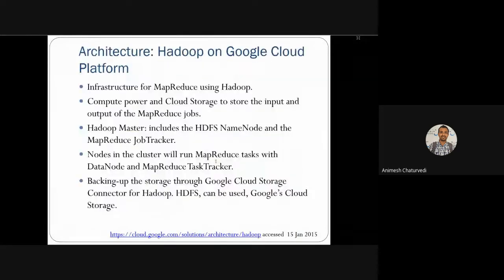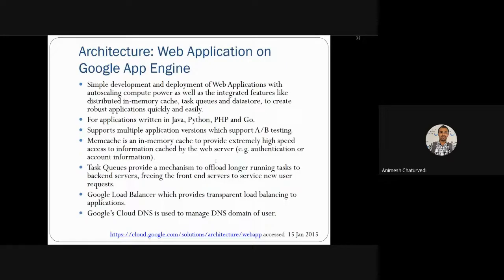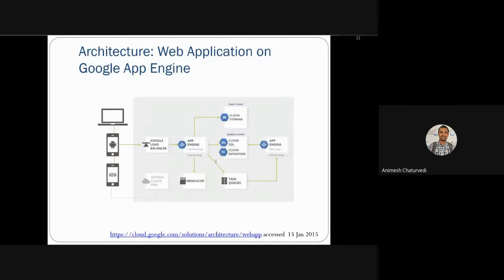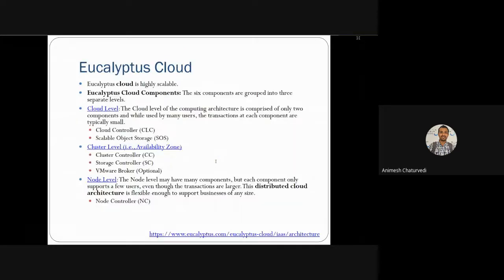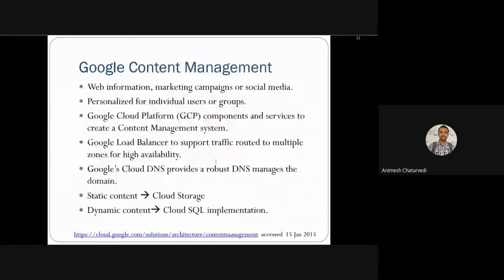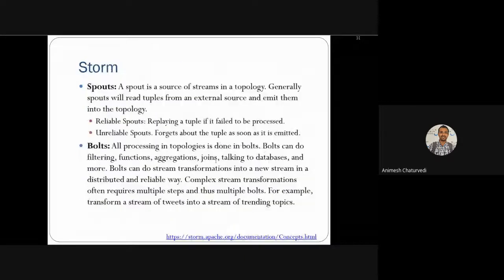We'll discuss the architecture of Hadoop on Google Cloud Platform and how web applications work in Google App Engine. So we'll see the Google App Engine architecture, Google Web Toolkit, and thereafter Eucalyptus Cloud. So wait for the next class for Google File System and Google Cloud.